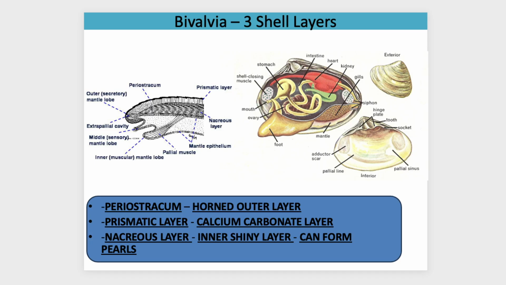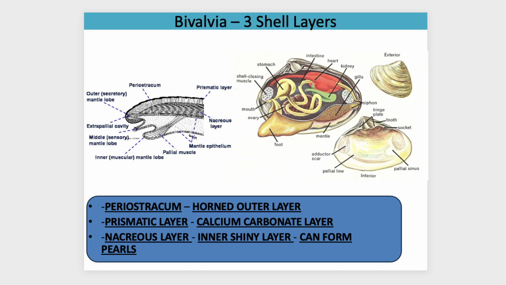So it's a good sort of bridge layer in between. It also provides protection, like if a little organism gets into the bivalve, the nacreous layer will release nacre that will cover that little particle, organism, or whatever, and it will protect it. It'll neutralize whatever threat that was. Maybe it's a parasite, for example.